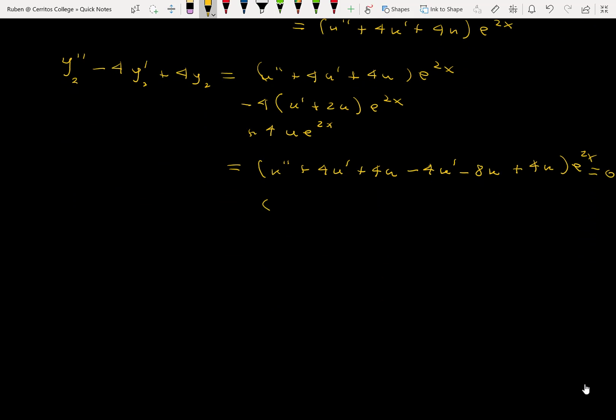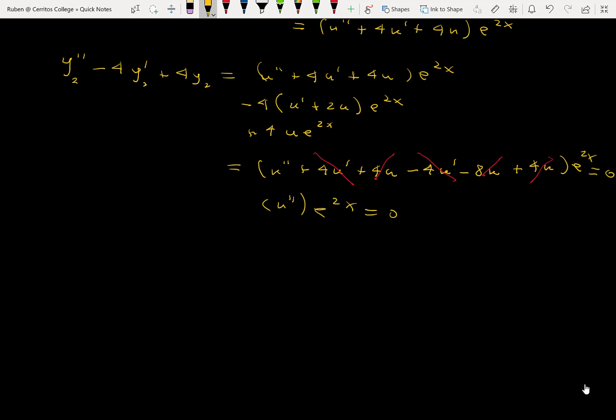This tells us that we have u double prime, we have 4u prime minus 4u prime, we have 4u plus 4u is 8u, minus 8u is 0. So we're looking at u double prime times e to the 2x equals 0.